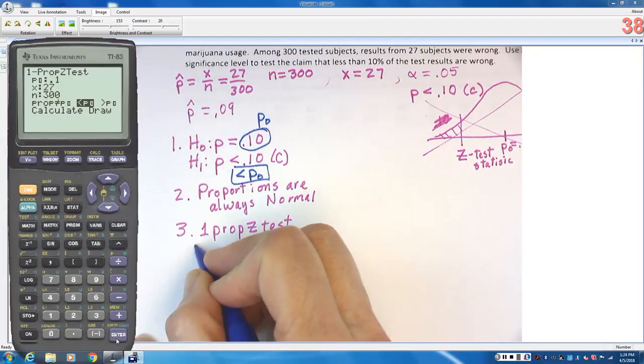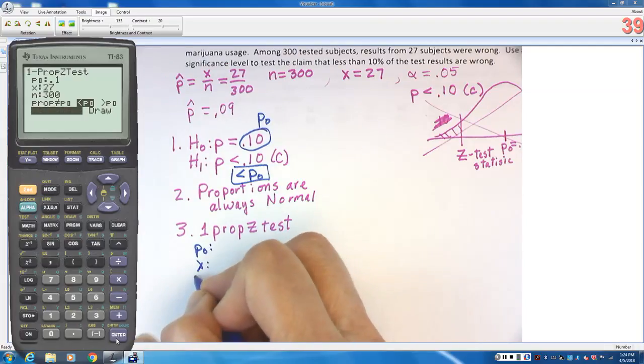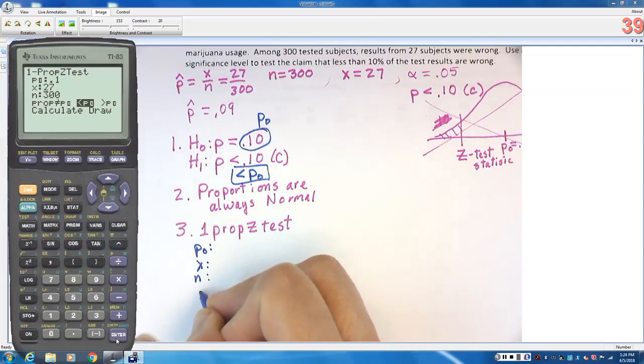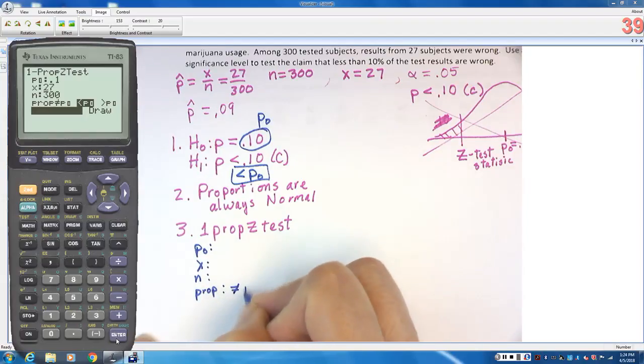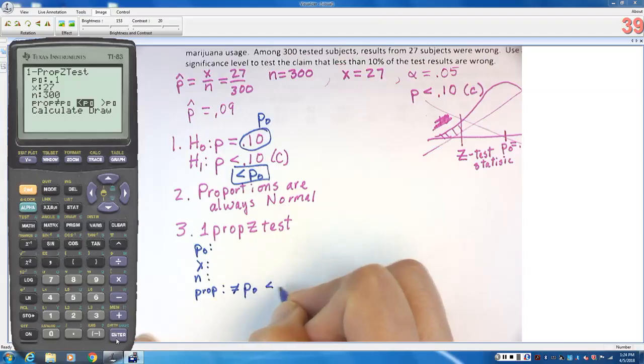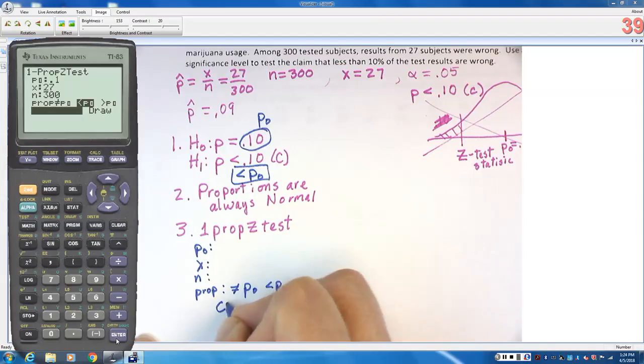I don't know if you need to see this, but p0, x and n, and x and n have to be whole numbers. And then it says prop. This is where we're choosing our alternative hypothesis: either not equal, or less than p0, or greater than p0. And then I always just choose calculate.